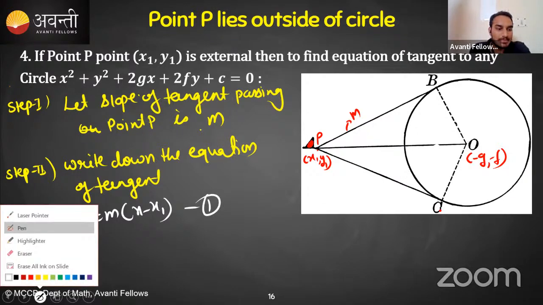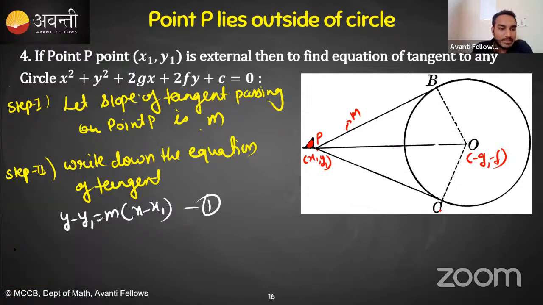So what should be the next step? Step 3: we have done this many times. For any line to be a tangent to a circle, the perpendicular distance from the center to the line should be equal to the radius of the circle.